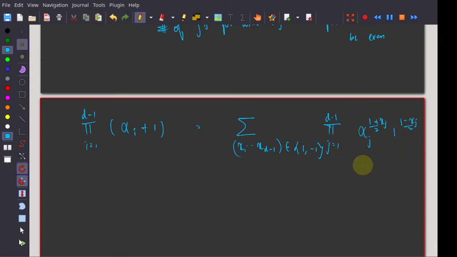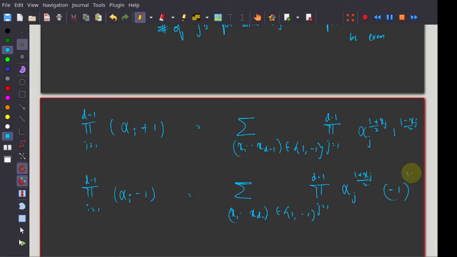But this is still a useful exercise. Okay. Now, what about product i equal to 1 to d minus 1 of alpha i minus 1? So once again, this is summation over all x1 up to x d minus 1 in 1 or minus 1, product j equal to 1 of alpha j whole raised to 1 plus xj by 2 times minus 1 raised to 1 minus xj by 2, right?